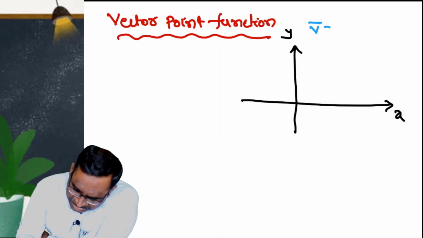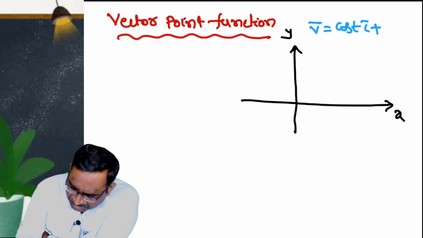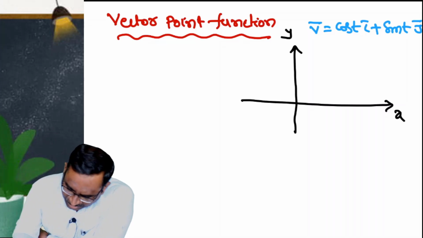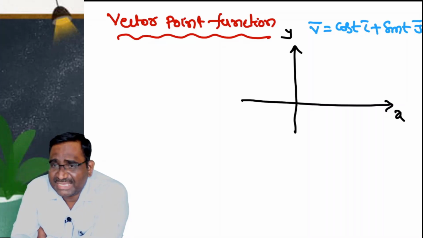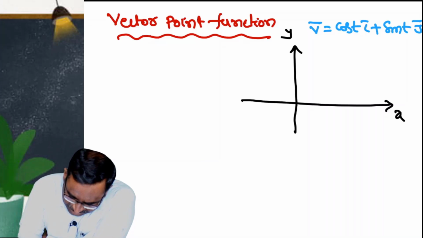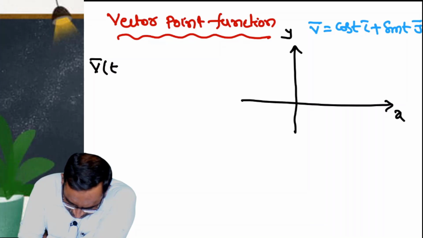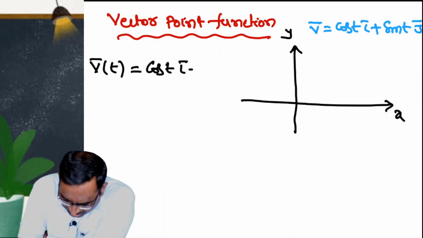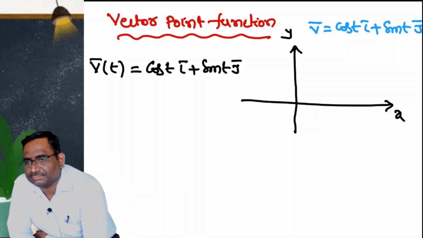Now this t represents a scalar variable. This v bar depends upon a scalar variable t, and is defined by cos t i bar plus sin t j bar.